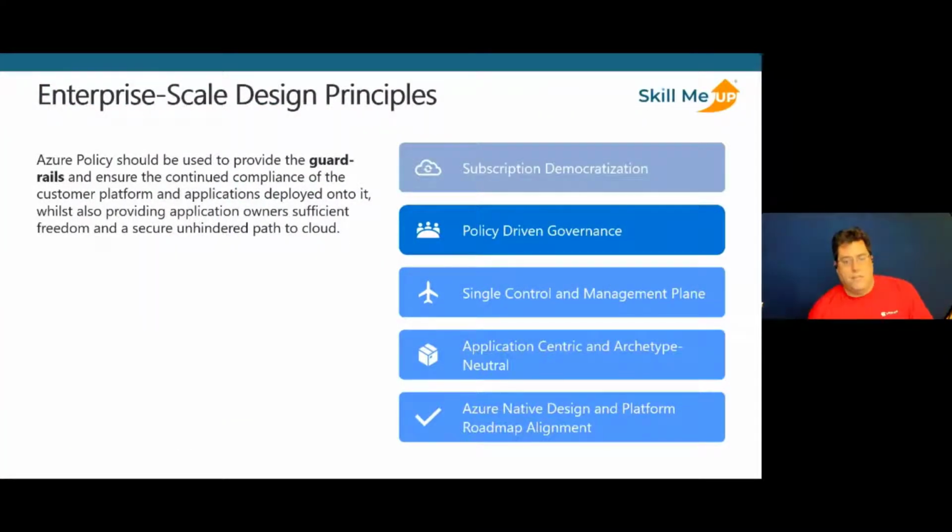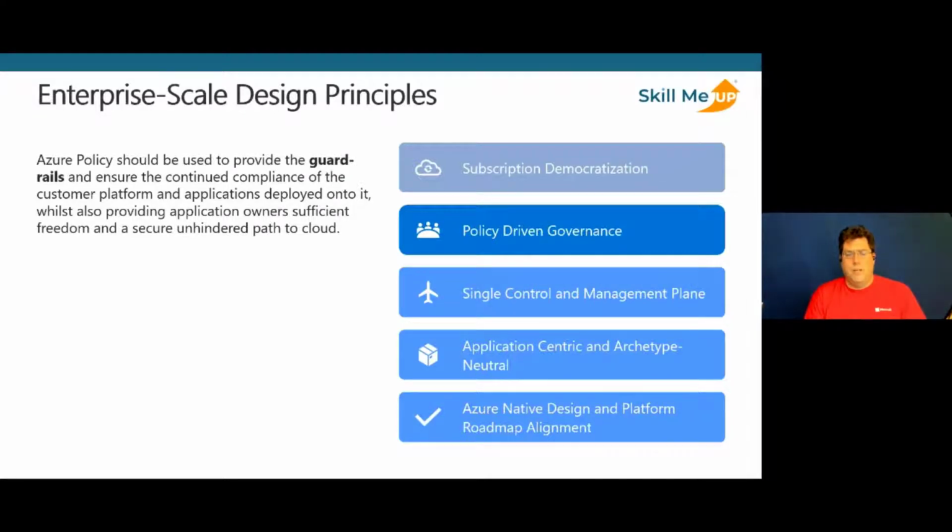The policy-driven governance, obviously, a key thing around Azure policy is how it governs both your cost and your security and your resources within the environment. And utilizing Azure policy provides those guardrails and the continued compliance of your platform, as well as auditable compliance for currently existing workloads within the cloud environment.